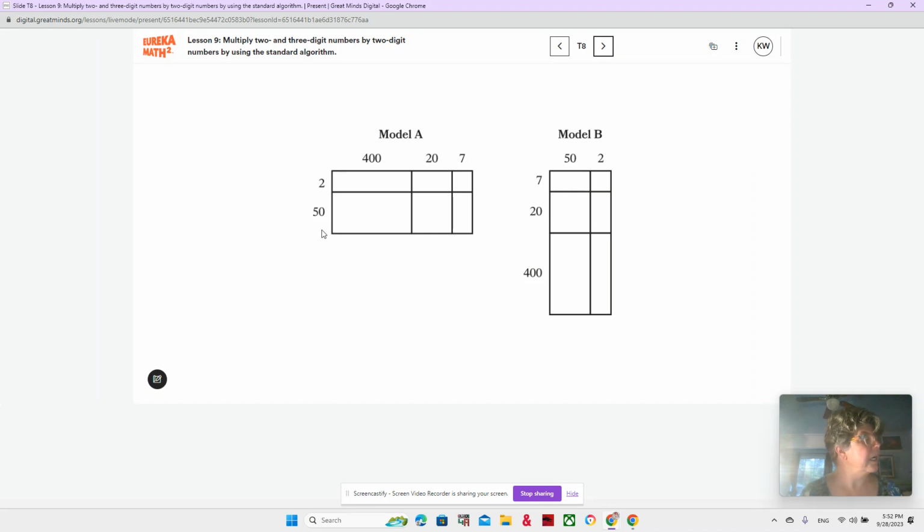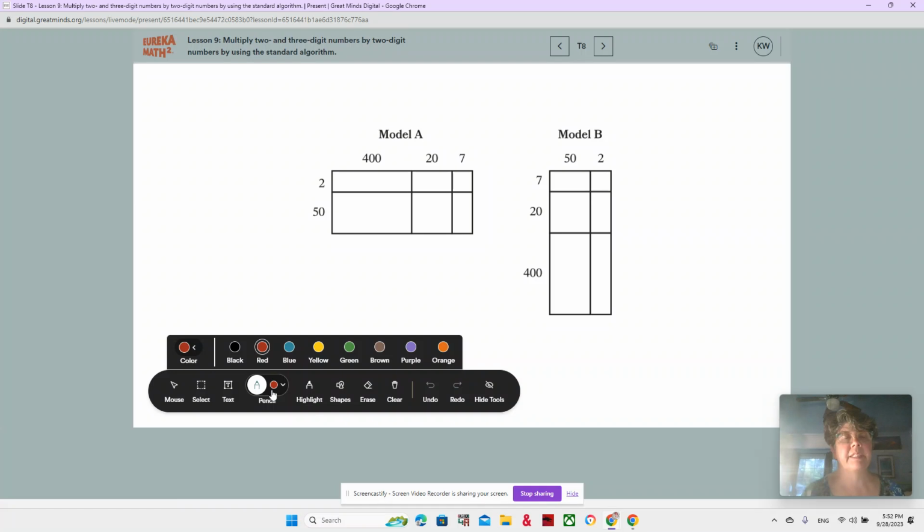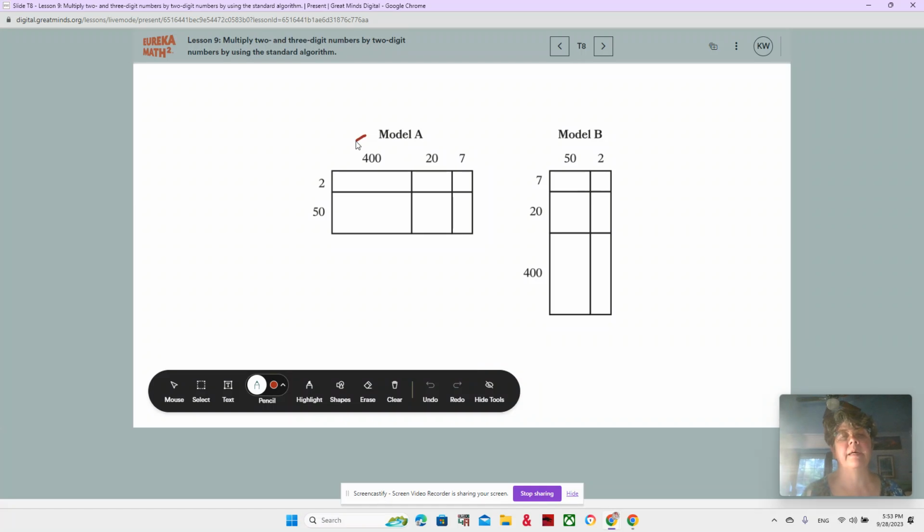We could say that A is 52 groups of 427, and B is 427 groups of 52. So our unit is the number on the top because that's the one that's being repeated in the multiplication. That's how I like to think about it.